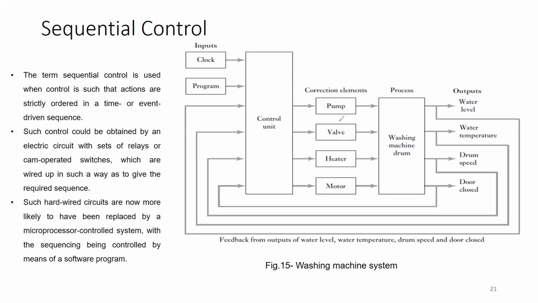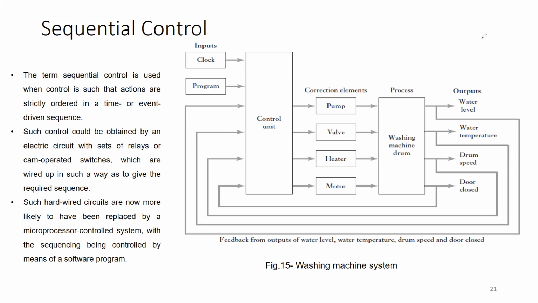So sequential control is done through two methods, that is by either clocking the process through the clock or through completion of one sequence and then implementing the second sequence of operations.